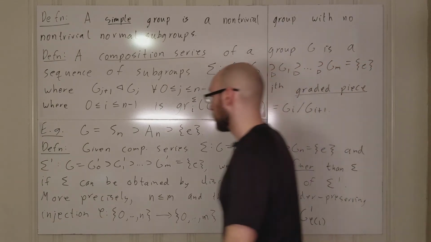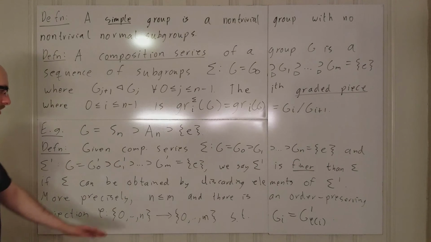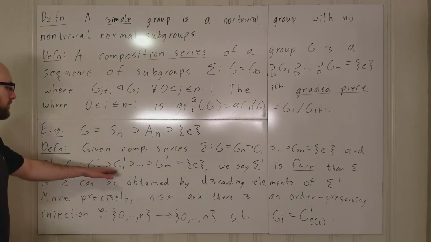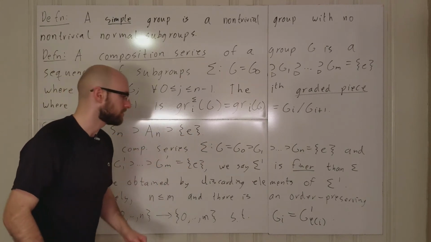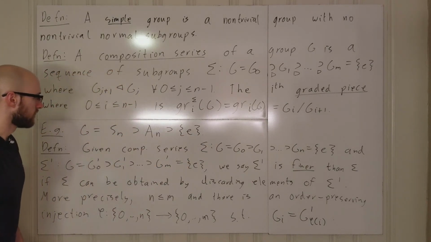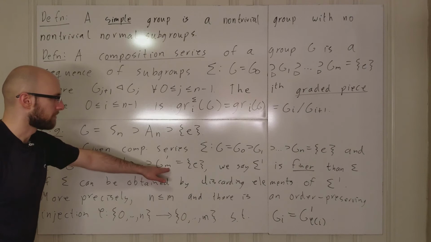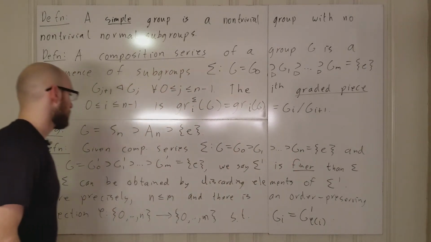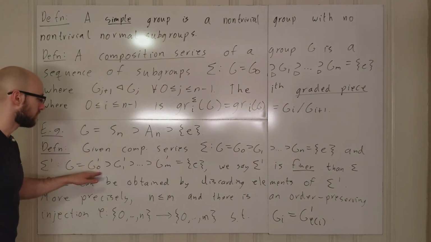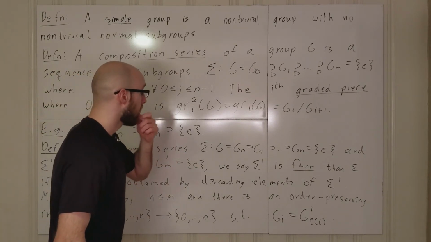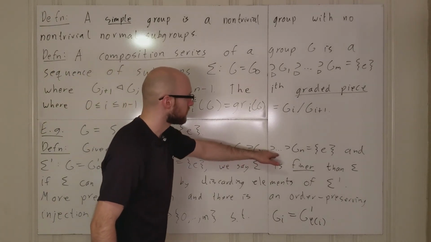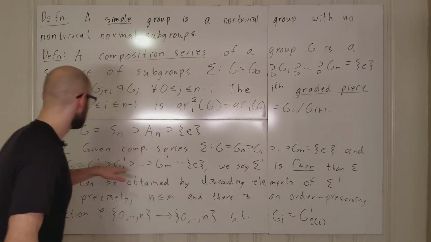Okay, and you can see that if you do this process of just discarding some of these elements to get a different composition series, then certainly this m is going to be greater than or equal to n. And then of course, for each of these you can associate one of these indices.